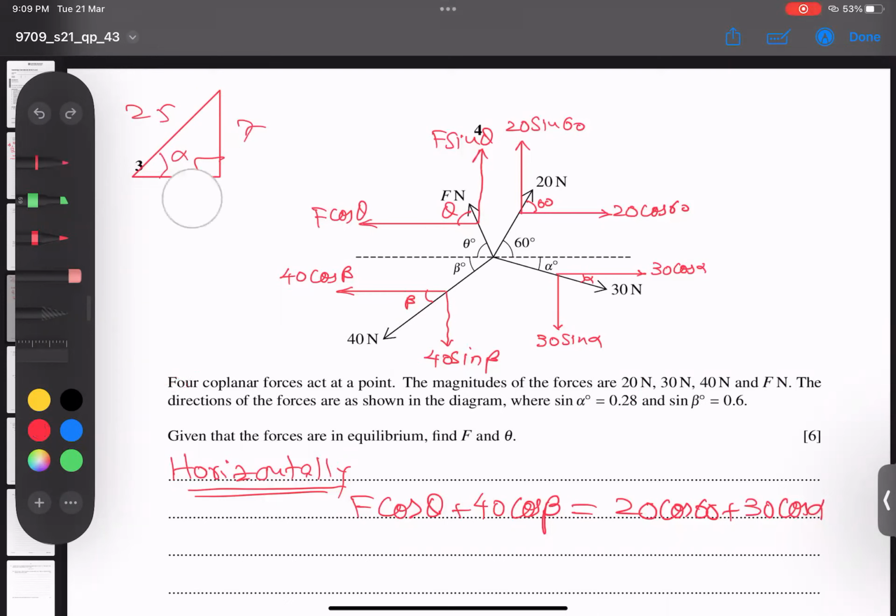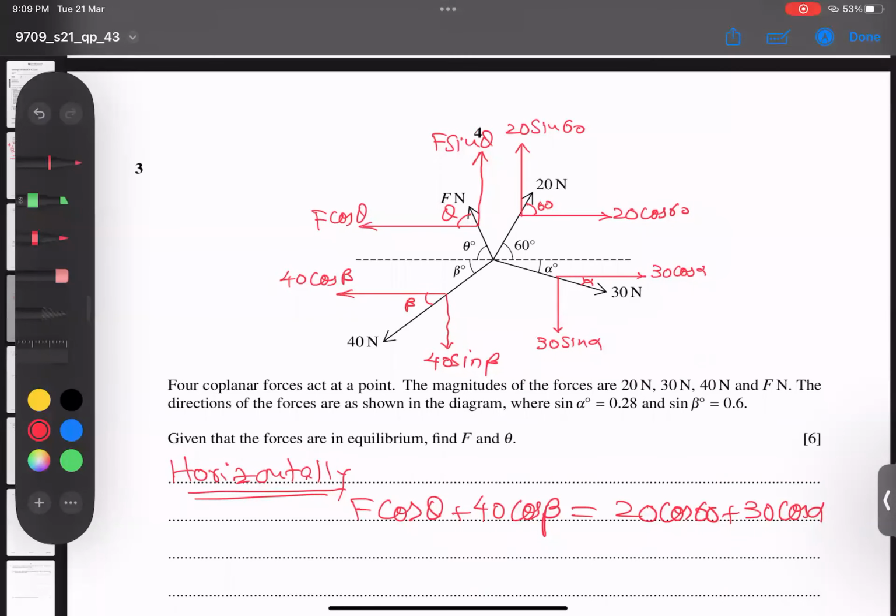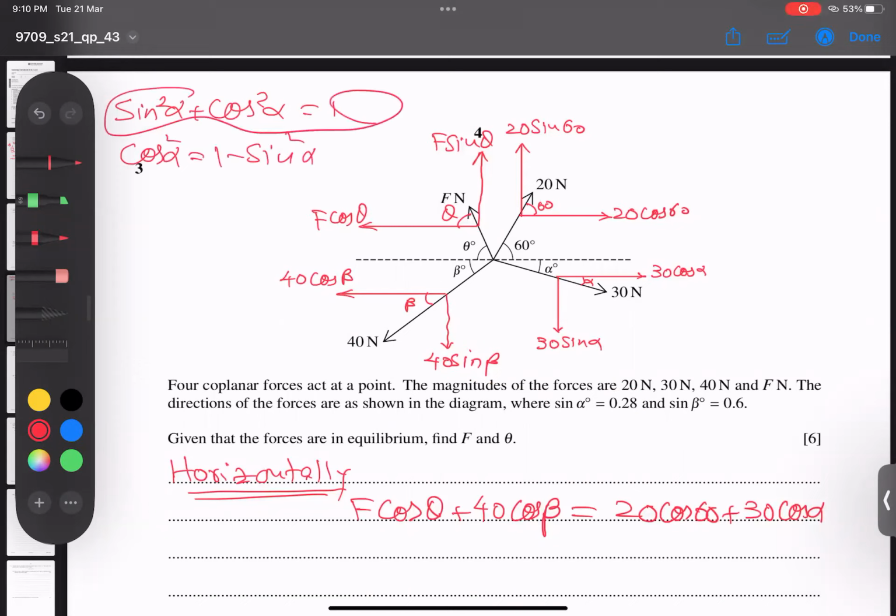Or I think it is better to use the other formula. What is the other formula, students? You know the basic trigonometry formula: sine square alpha plus cos square alpha is equal to 1. I will plug in this sine alpha value and try to get cos alpha. Sine square goes to the right hand side, so cos square alpha equals 1 minus sine square alpha.